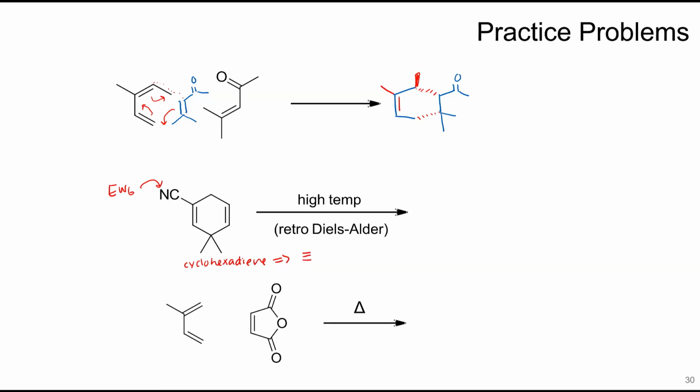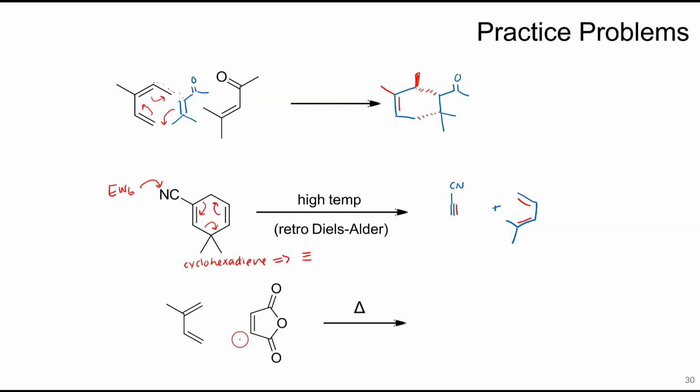So if I draw my electrons now, these probably went here, this goes here, that goes there. So the electron flow is the same, but we're now breaking a sigma bond. So I have the CN, double bond here, here, and then that is the triple bond.